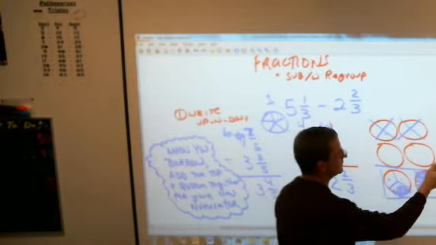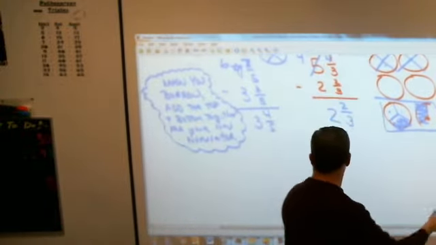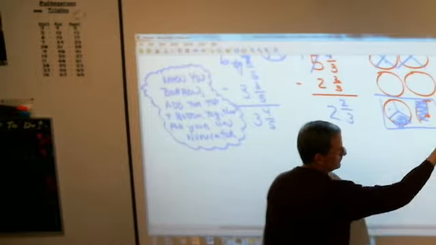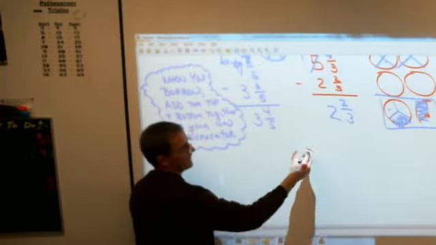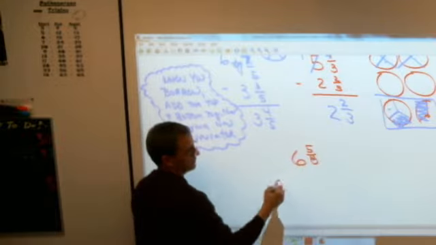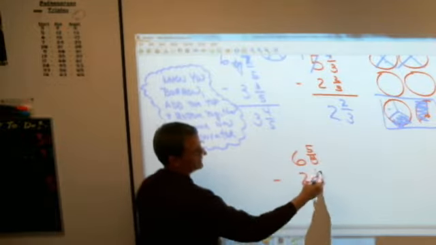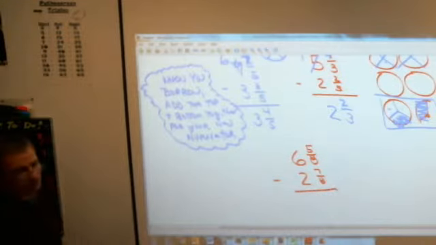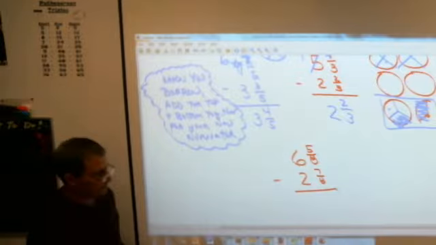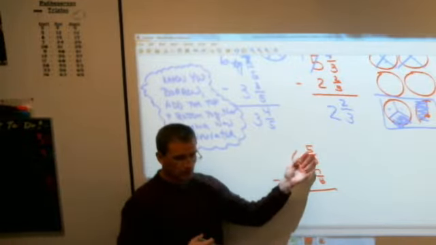I have one more problem. So if you have, I don't know, 6 5/8 minus 2 7/8. Now, please remember, you don't borrow every time you do subtraction, but we do if the bottom fraction is bigger than the top fraction.